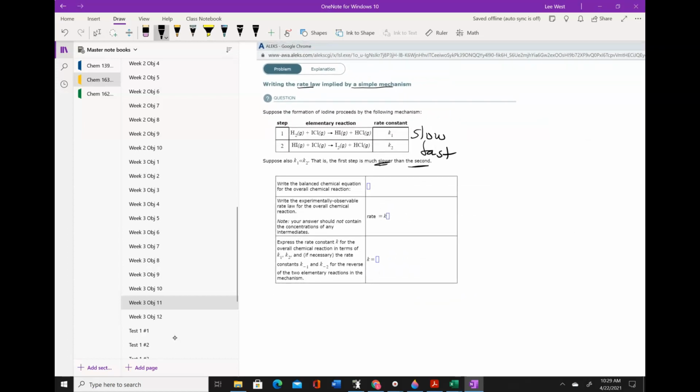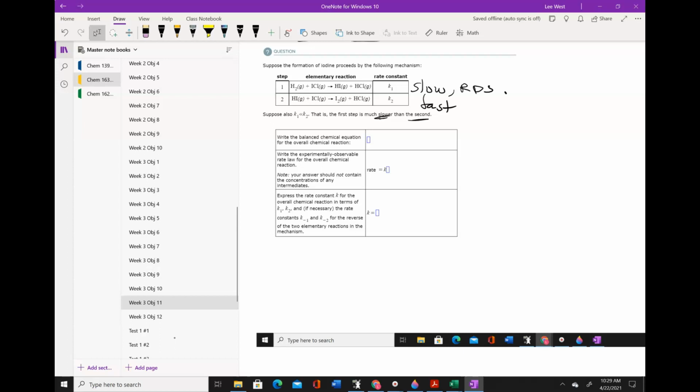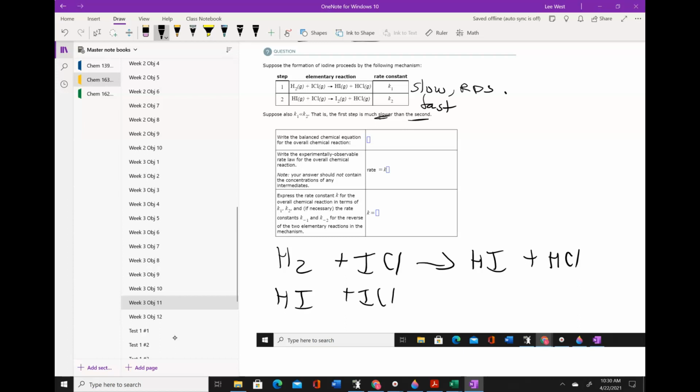The slow step is the rate determining step, and the rate law for that step equals the rate law for the overall process. So the first thing they're going to get us to do is to write the balanced chemical equation. So we're going to add together our two elementary reactions, cancelling intermediates where we can, and collecting like terms.